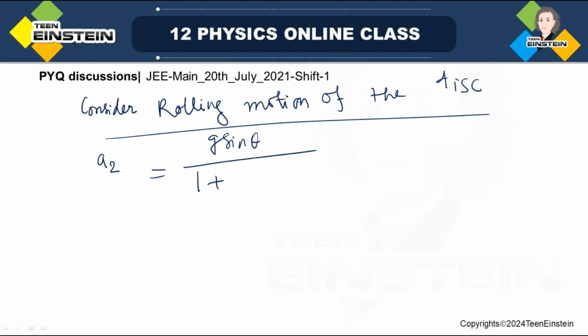This formula is a very standard formula. So this is moment of inertia divided by mr square.